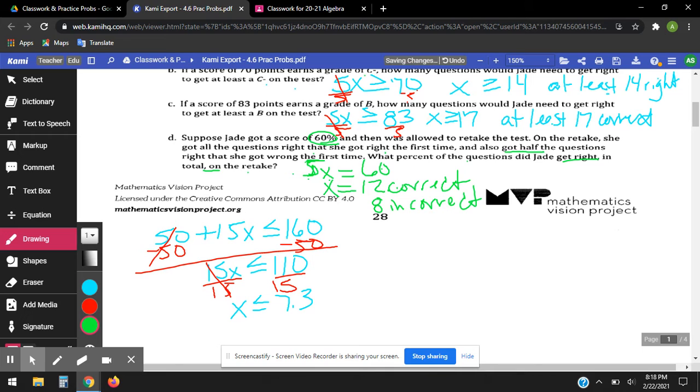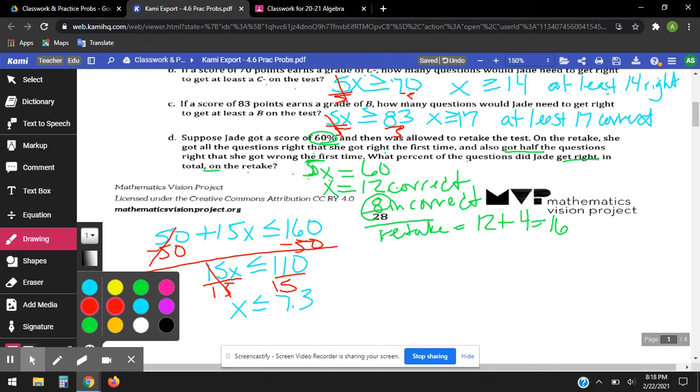And so if she got half of those right the next time, so for the retake, she got 12 plus half of that, which is 4. That's a total of 16 correct.